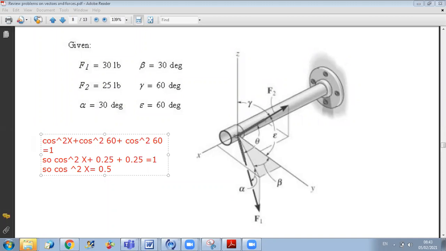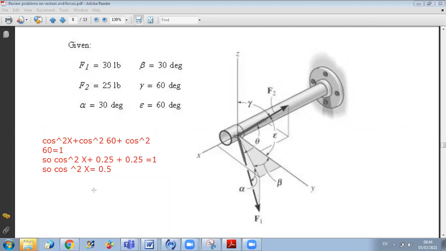So I can deduce the value of cosine x, okay? But here I should pay attention that I have to take the negative value of cosine x or the positive value of cosine x. Negative. Very good. Why should I take the negative value? Because the projection in the figure is negative. Yes.